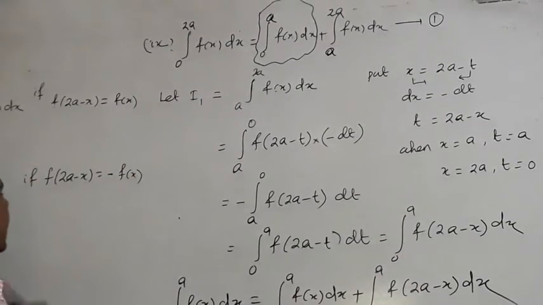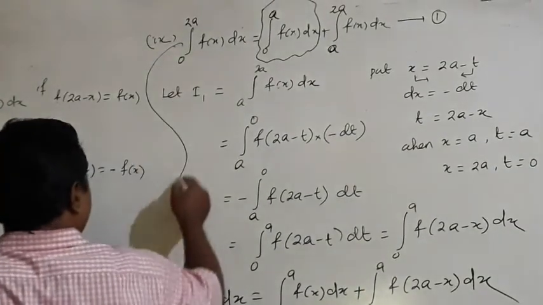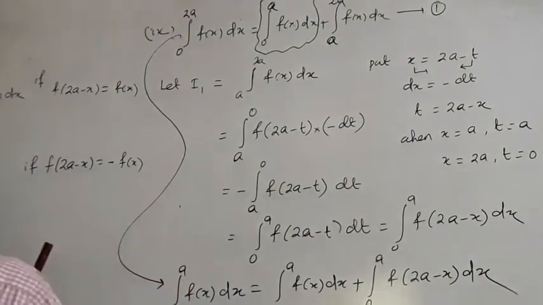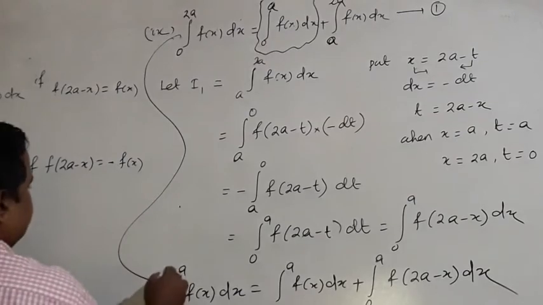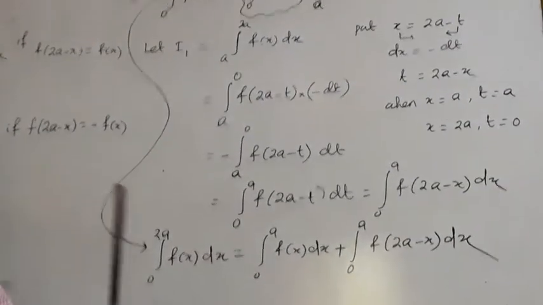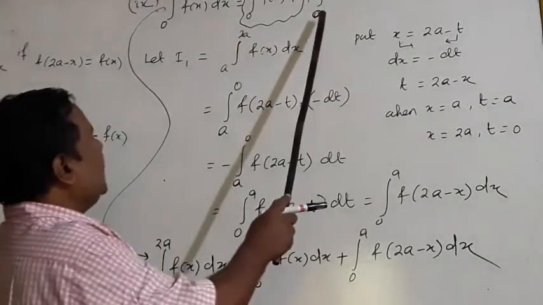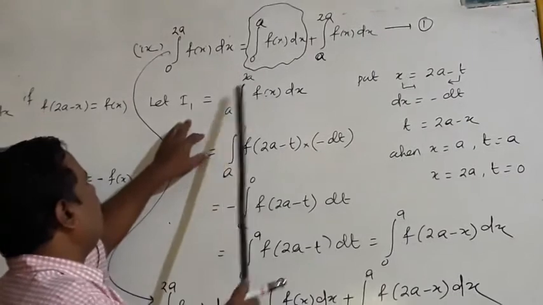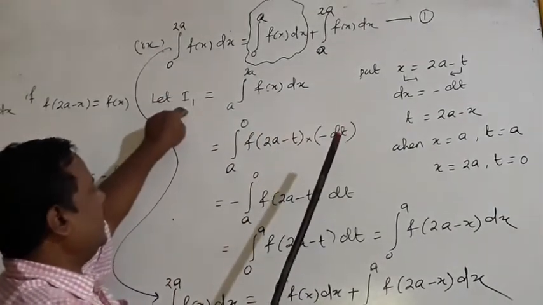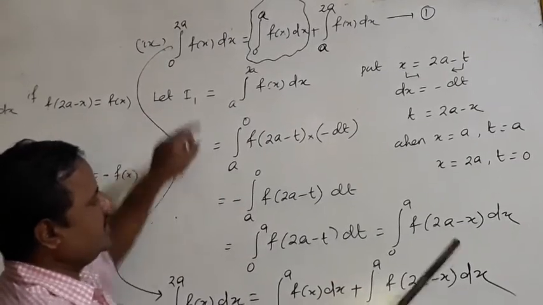Now the integral from 0 to 2a of f(x) dx is the integral from 0 to a of f(x) dx, and in place of the integral from a to 2a, which is I1, I am writing the integral from 0 to a of f(2a-x) dx.